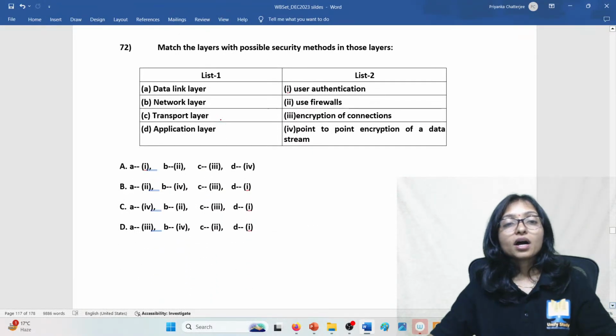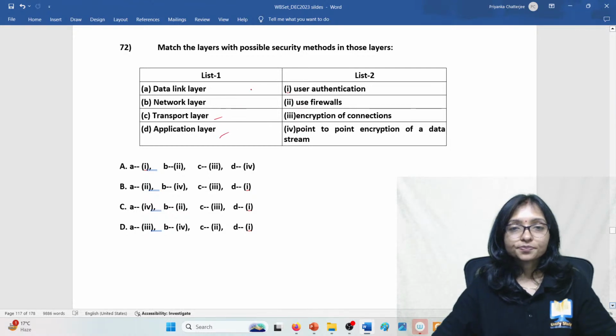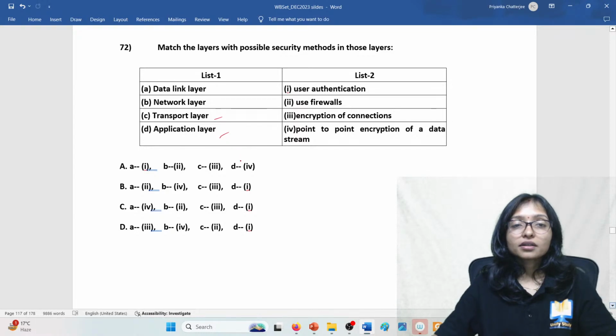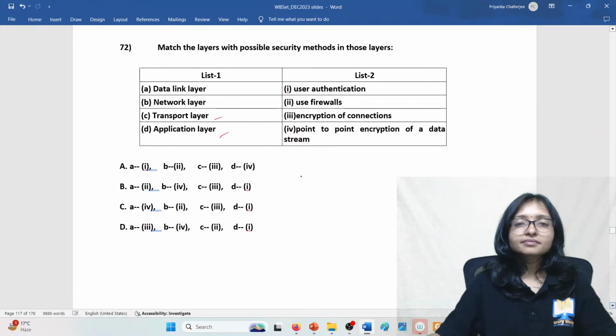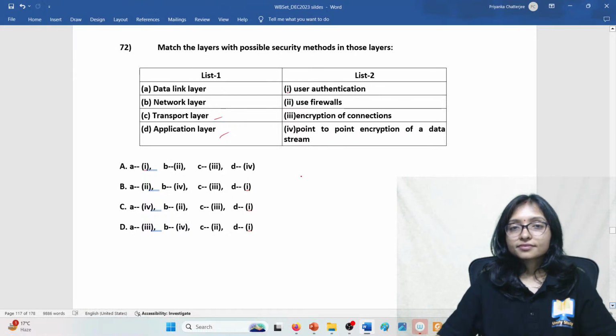Now do this one quickly. Data link, network, transport, application. You need to match data link, network, transport and application. This is the most popular area from the OSI model.